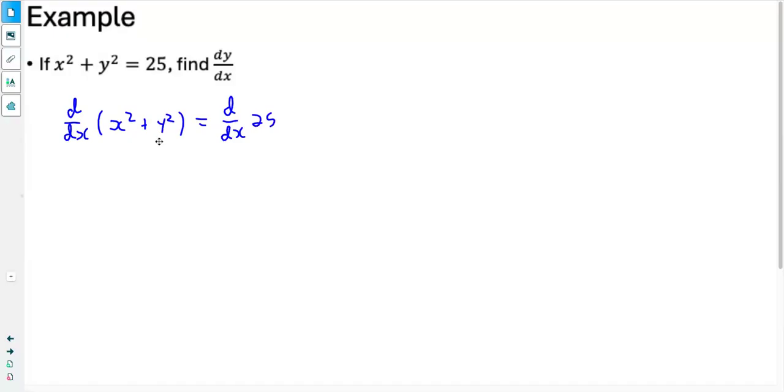Now from earlier rules, we know we can break this up. So this is d over dx of x squared plus d over dx of y squared equals our derivative of 25, which we know is 0. Now, when it comes to the y squared part, we're going to use our chain rule.